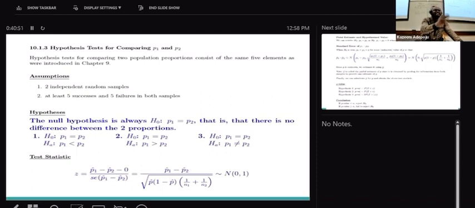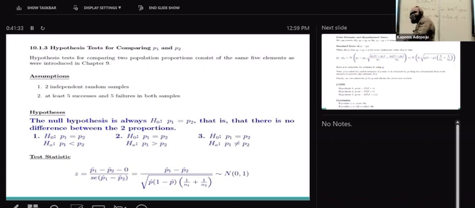Hypothesis is an intelligent guess about the value of a parameter. I'm going to say that again. Hypothesis is an assertion or intelligent guess about the value of a parameter.